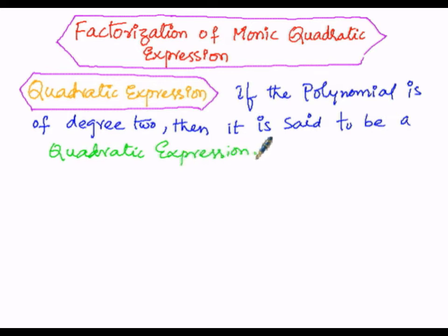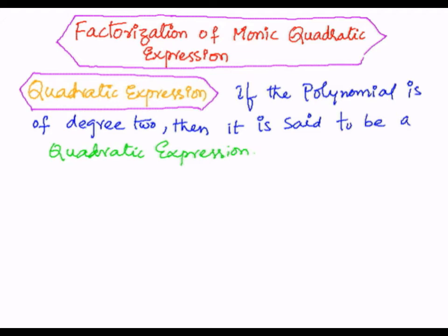So, here we can take an example as x square minus 5x plus 3, in which the second degree term is x square, the degree is 2. So, it will come under the example of a quadratic expression.